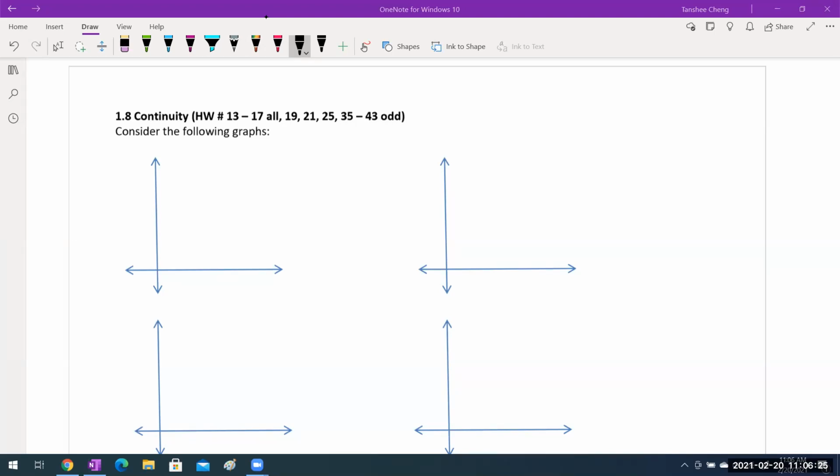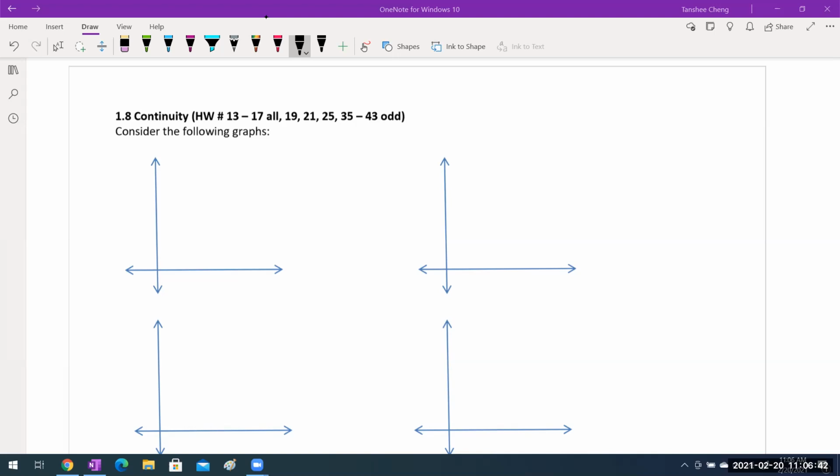In this section, we're going to look at what we mean by continuity and how we prove, using the definition, whether a function is continuous on a certain interval or not.